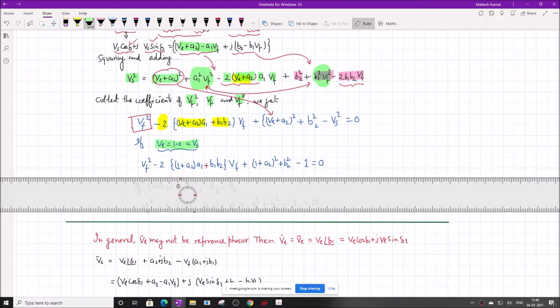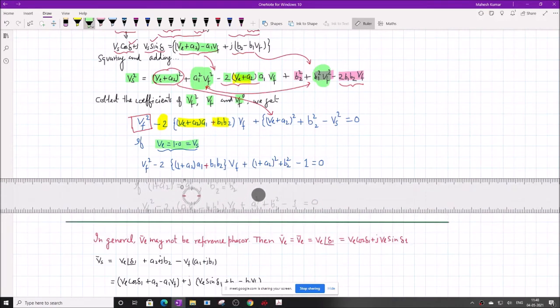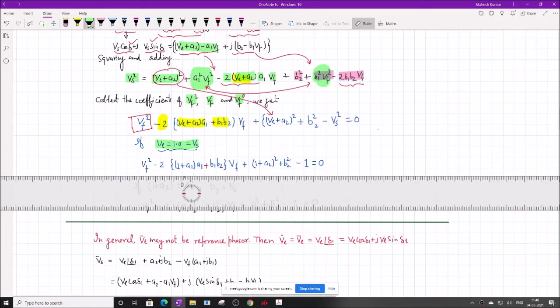And hence if we apply this, then we will get this equation, because BS is also 1 and BL is also 1, and therefore the equation becomes BF square minus 2 into 1 plus A2 into A1 plus B1 B2 here, plus 1 plus A2 square plus B2 square minus 1 equal to 0. This is a perfect quadratic equation in BF.